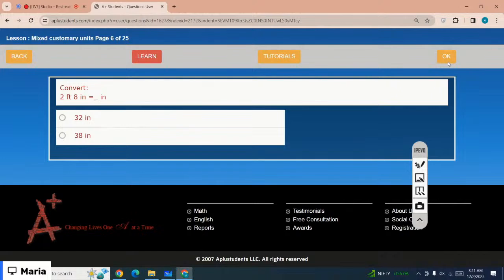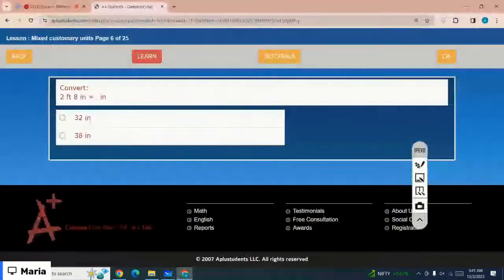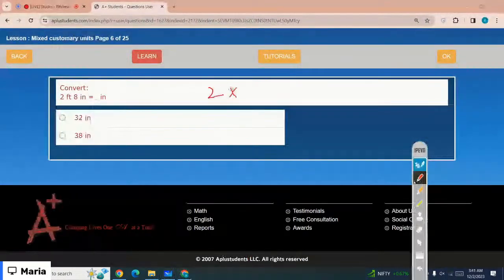So you have 2 feet, and you have to do times 12. 2 times 12 is 24. Add 8, and that would be 32 inches. So the correct option is 32 inches, right? You can complete the lesson by yourself later today.